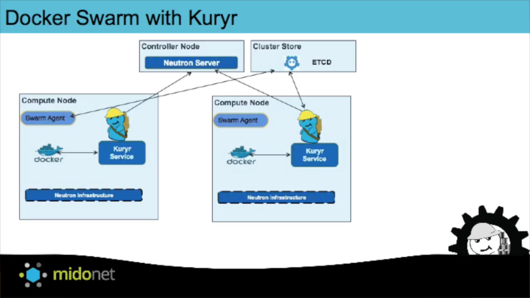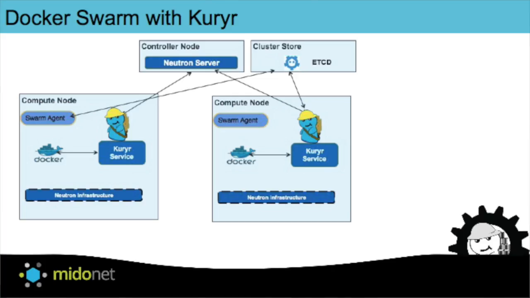Of course, Kuryr itself initially was created for Docker only. So it was possible to launch Docker containers straight, standalone. But obviously, people want to have some kind of orchestration, so they want to be able to use things like Kubernetes and Swarm with Kuryr and Docker and OpenStack.